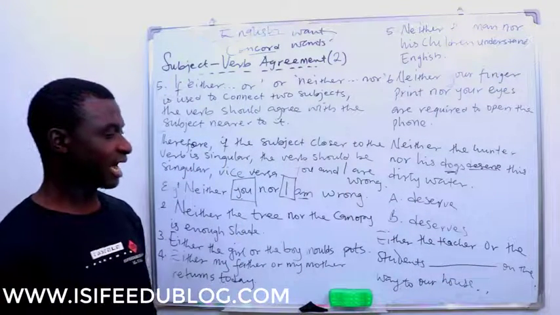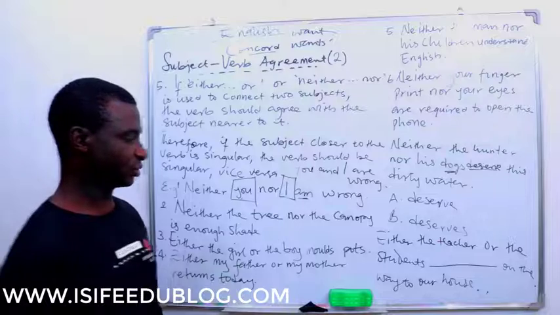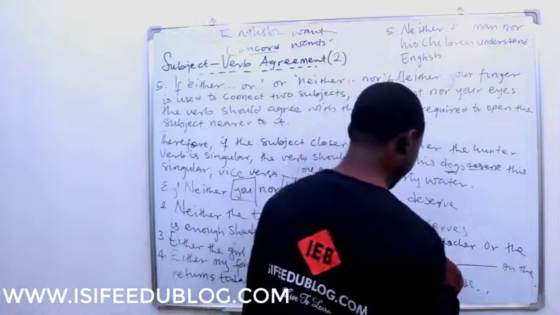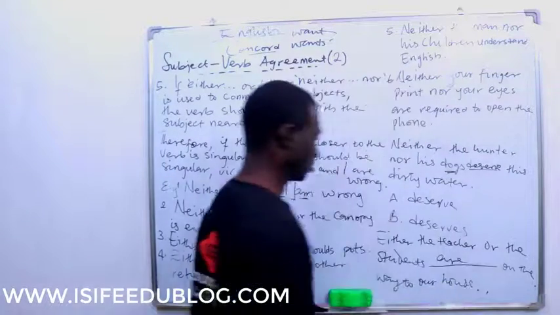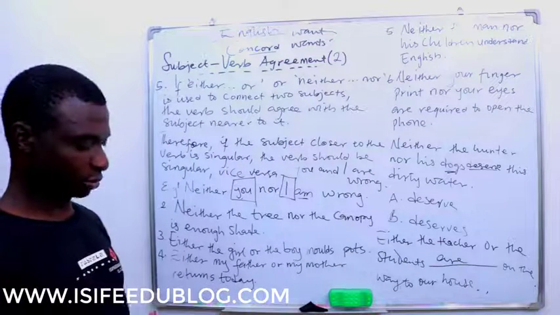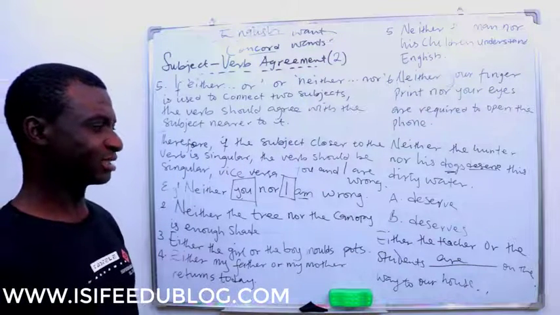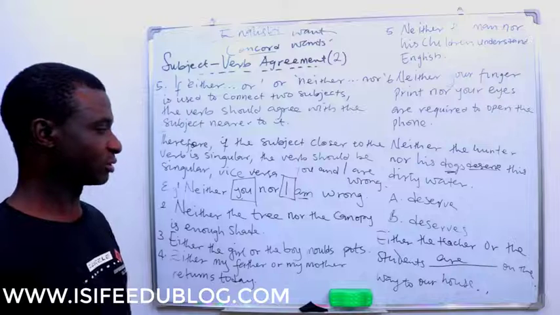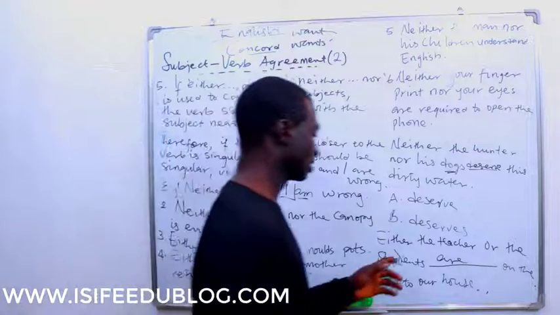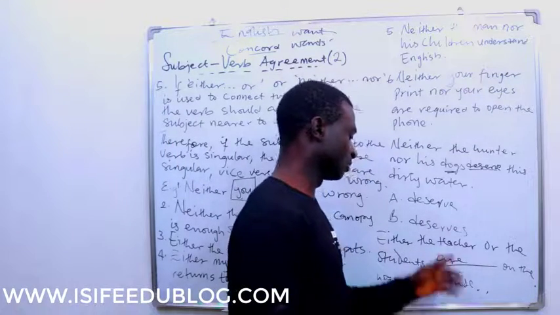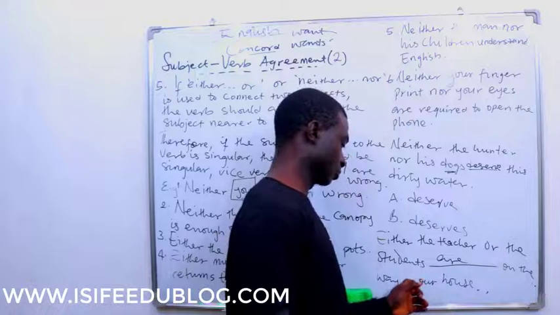What should be there? Either the teacher or the students are on the way to our house. That is what we are talking about. If the subject nearer to the verb is plural, the verb should be plural.